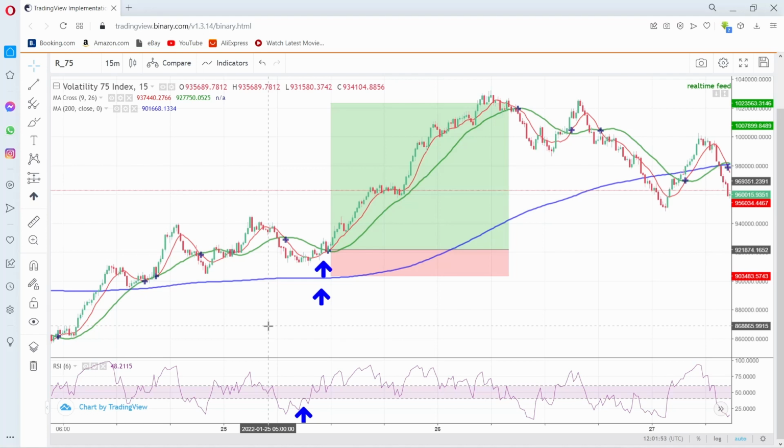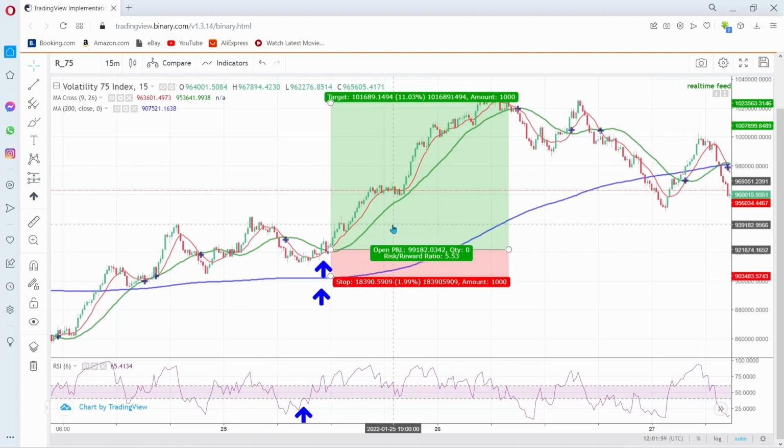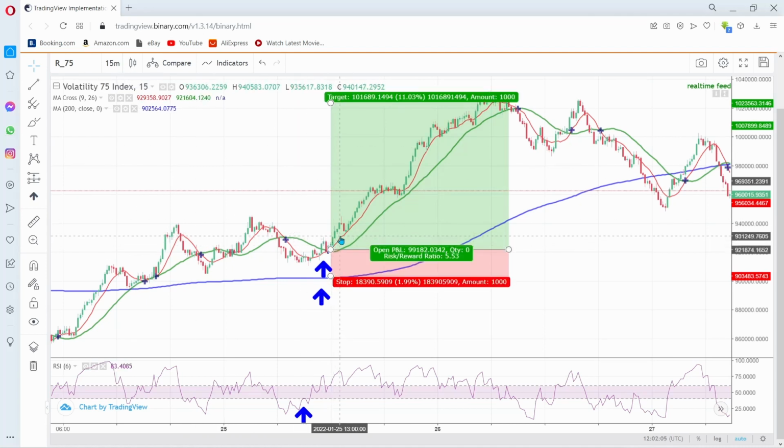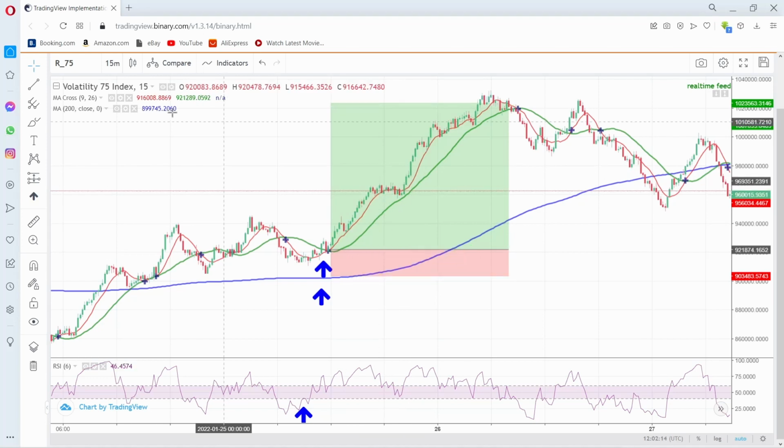And if you don't have the patience, the guts to wait and hold this trade, you won't make money. This is a 15-minute chart, so each candlestick represents 15 minutes. Calculate how many candlesticks there are here: 1, 2, 3, 4, 5, 6, 7, and multiply by 15 minutes.